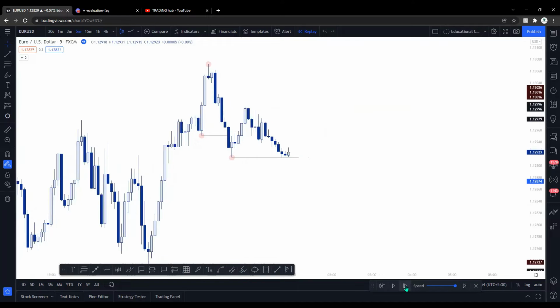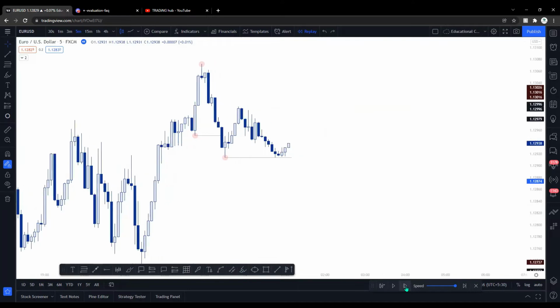The market did not close below it. One more thing: before a change of character and break of structure, you must close the candlestick below or above. In this case, you can see a candle completely closes below the previous low, so this one is valid. If a candle came and pushed upside, this one is not valid.